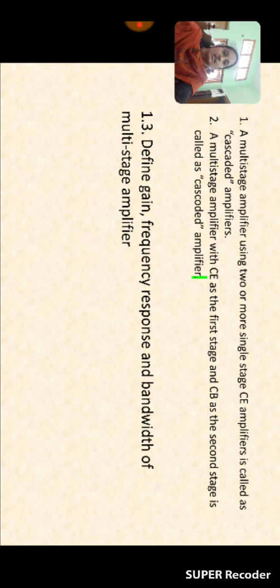In multi-stage amplifiers, if two or more single stages are used and the two are CE amplifiers, that is also called cascaded amplifiers. If a common emitter amplifier is used at the first stage and a common base amplifier at the second stage, that connection is called a cascode connection.